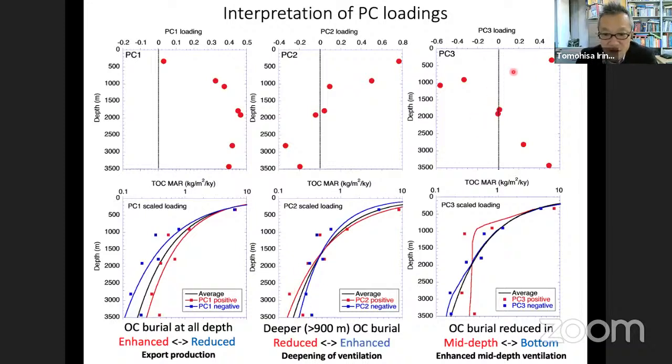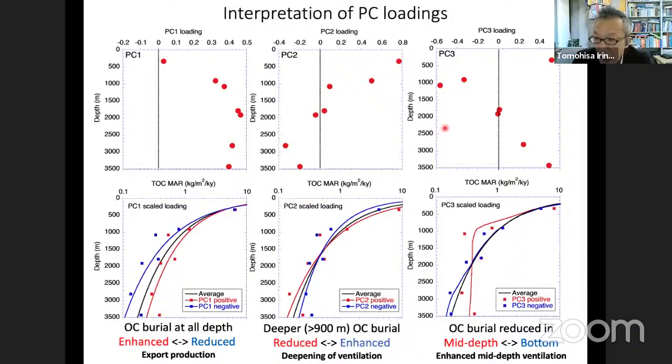The PC3 is certainly interesting. In the case of PC3 score positive, the intermediate depth TOC flux is relatively depleted, and the opposite for the deeper part, which means that when PC3 score is positive, mid-depth ventilation was enhanced, and in the negative case, it is opposite.